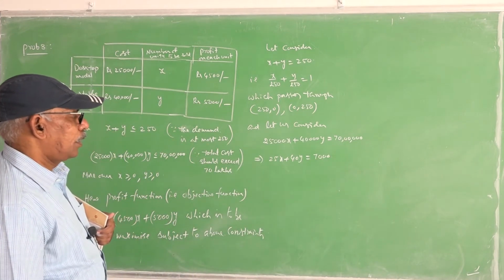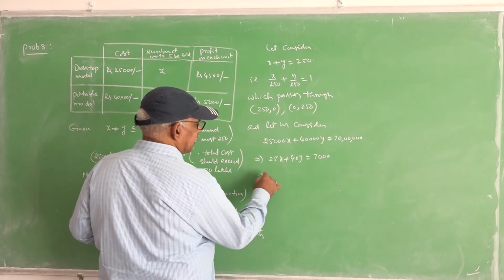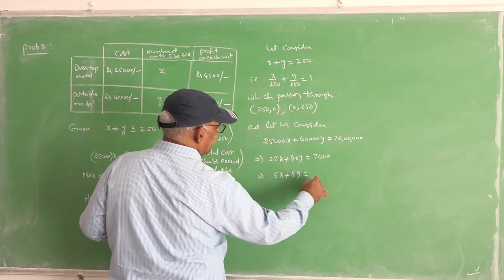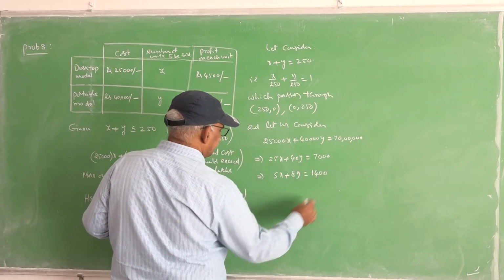Still you can simplify this one: 5X plus 8Y equal to 1400.